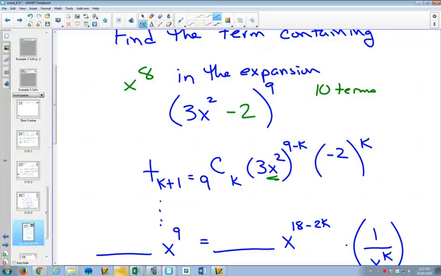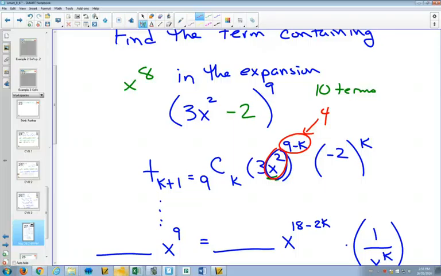If you want to find an x to the 8, k has to be 5. What's the only way to get an x to the 8 is with this and this. So what does this have to be if this is x squared? This has to be 4. X squared to the 4 makes an x to the 8.